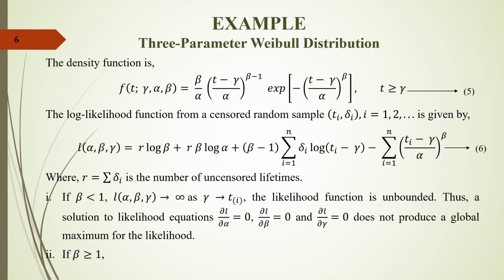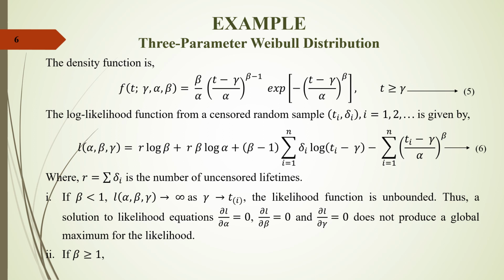Let us consider an example of the 3-parameter Weibull distribution. The density function of the distribution is given in equation 5 and the likelihood function for censored random samples is given in equation 6. Then we have two conditions. One is beta less than 1 and another is beta greater than or equal to 1.